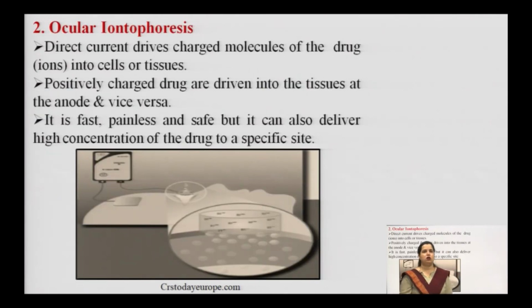Now, next, ocular iontophoresis. This is again a different approach to give the drug to the ocular system for controlled delivery, right.